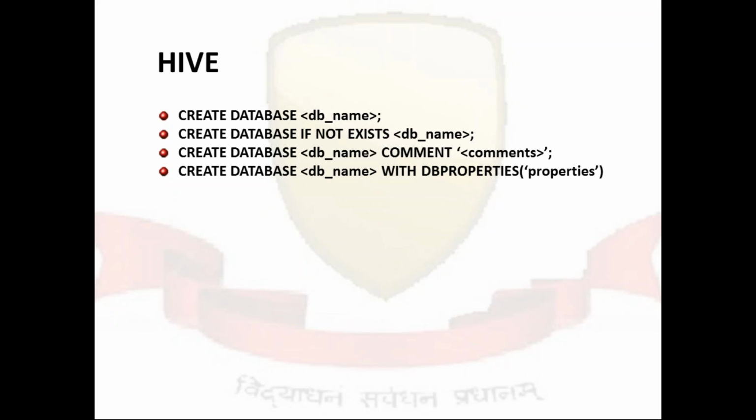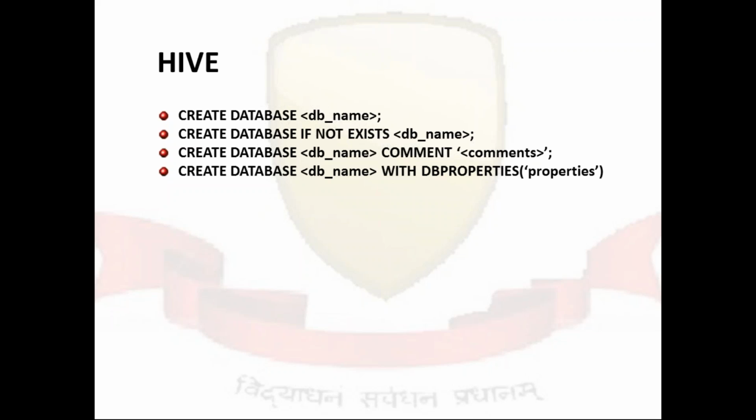A database in Hive is essentially just a catalog or namespace of tables. However, they are very useful for large clusters with multiple teams and users as a way of avoiding table name collisions.